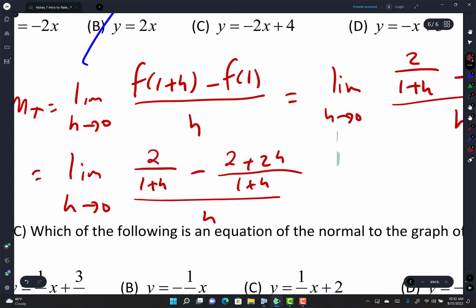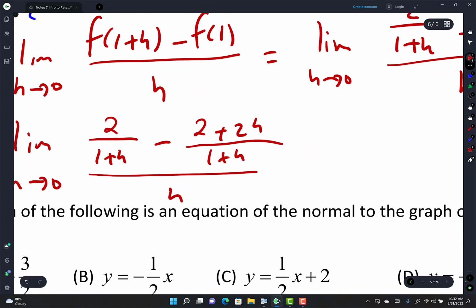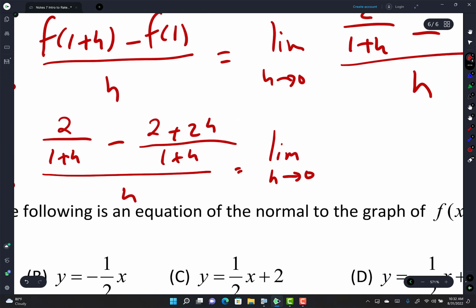I'll zoom in. Now I'm going to distribute the negative. Limit, and I still haven't evaluated it, so I have to keep writing limit. 2 minus 2h over 1 plus h.